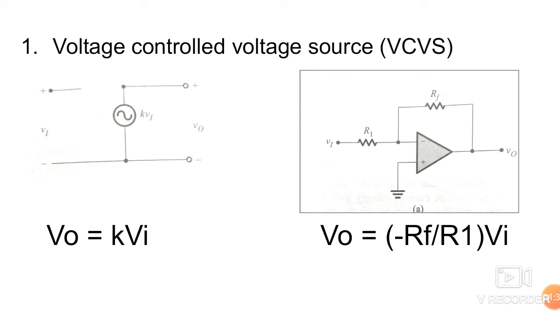This is simply the inverting configuration, and we can write directly from the formula V0 is equal to minus Rf by R1 into Vi. Treating minus Rf by R1 as K, we can say that output V0 depends on the input, that is, V0 is equal to K times Vi, where K is equal to minus Rf upon R1. So this is the voltage controlled voltage source.